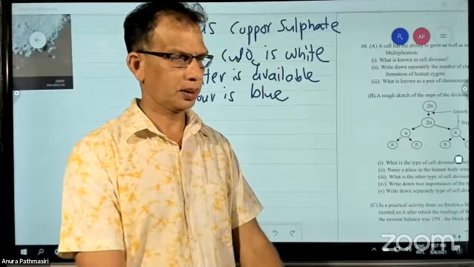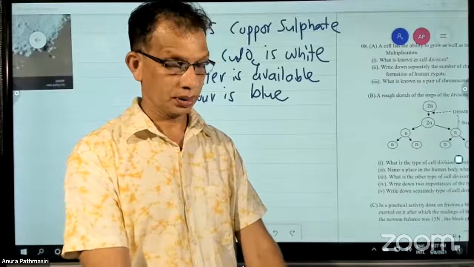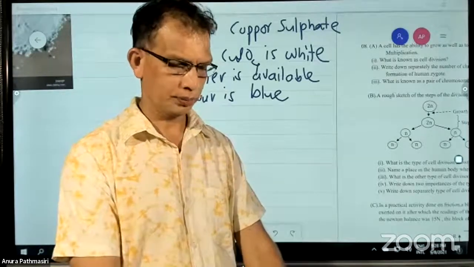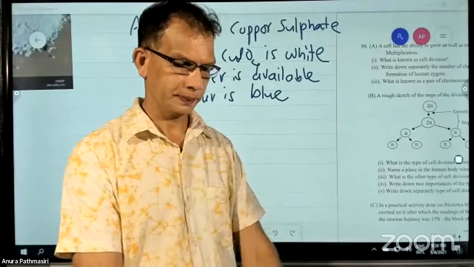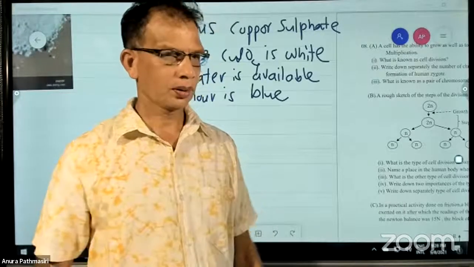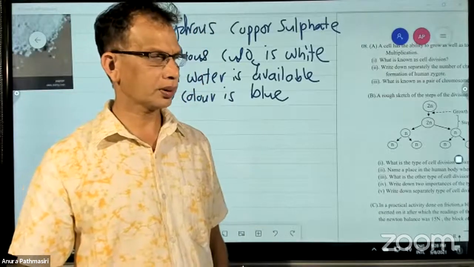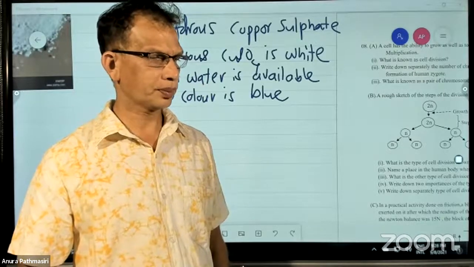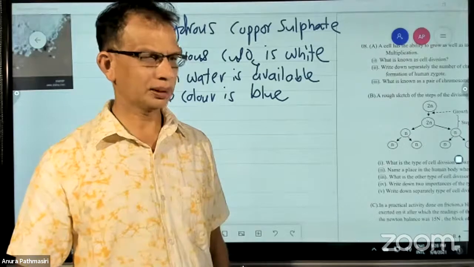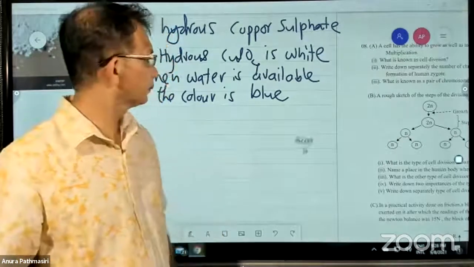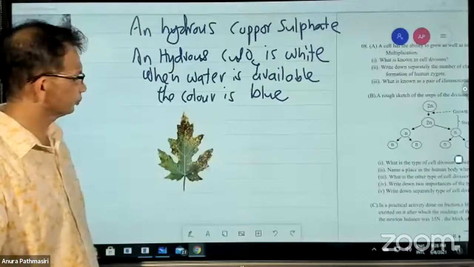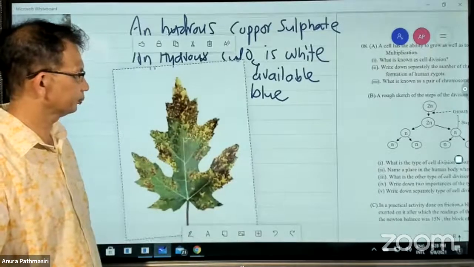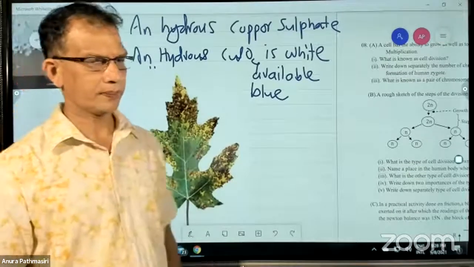Calcium deficiency of a plant: the tips of the leaves are dying.